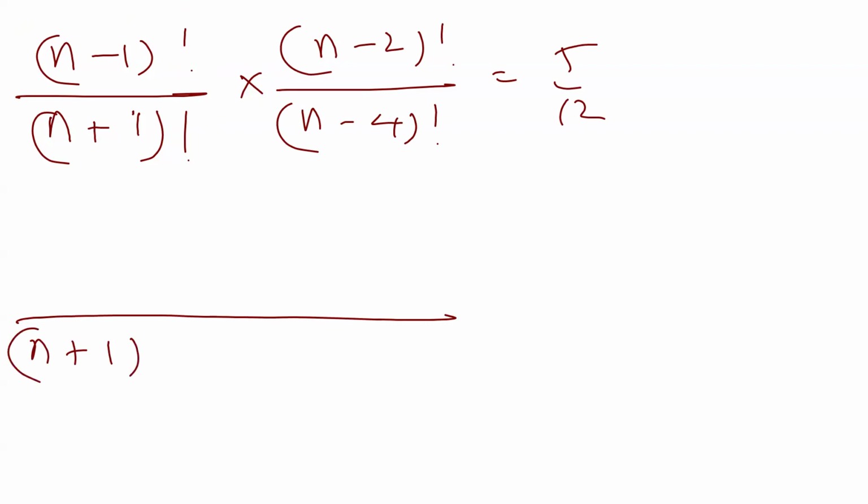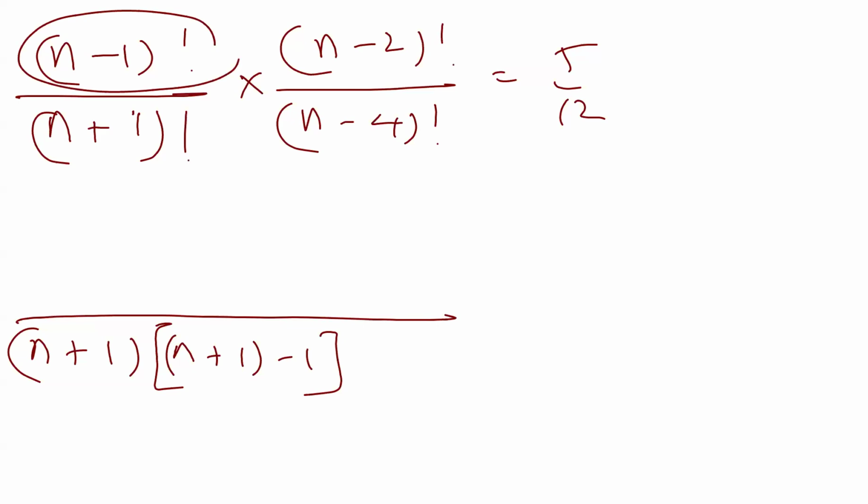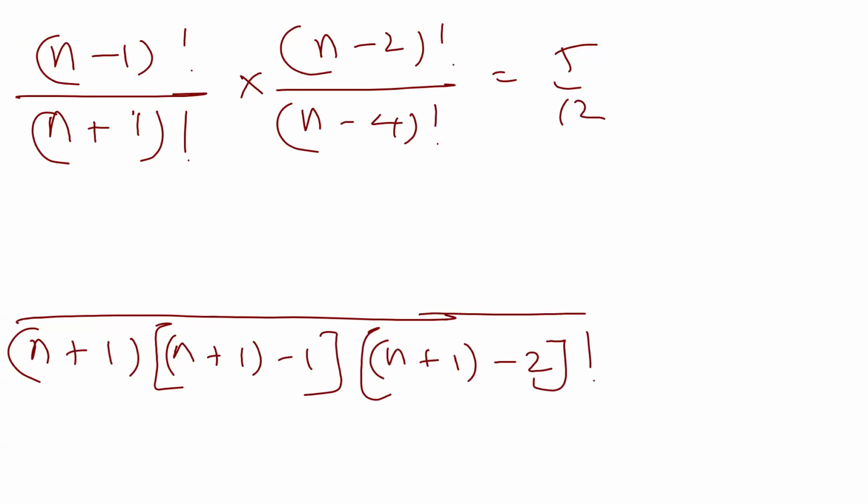The first term of n plus 1 is n plus 1. Then n plus 1 minus 1. I cannot stop over here because I did not get n minus 1. So (n plus 1 minus 2) factorial. In the numerator it is (n minus 1) factorial. So now we can cancel this term and this term because both are (n minus 1) factorial.